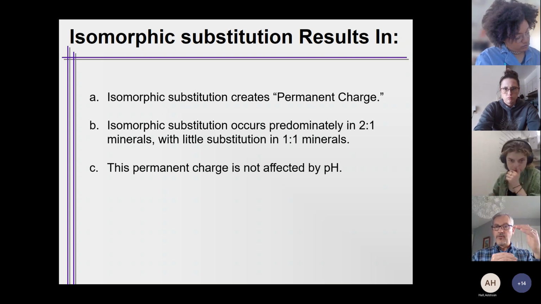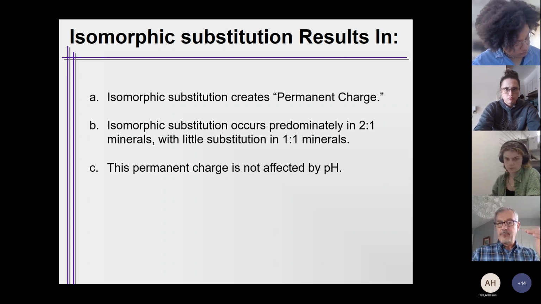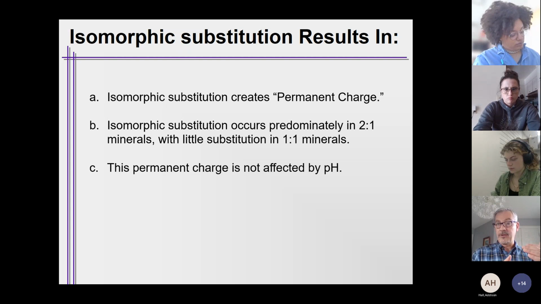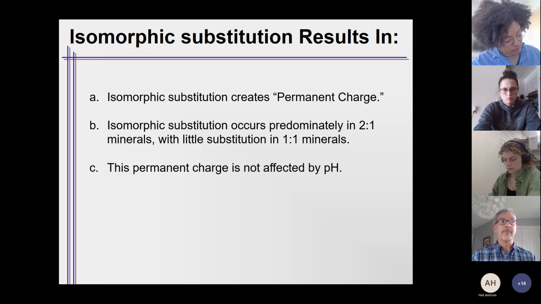When water moves into the interlayers in 2-to-1 type clays, it can carry positive charges into the interlayer that can interact with the tetrahedral sheets and the octahedral sheets to a greater extent than in 1-to-1 type clays that don't have the interlayer that expands and contracts. So isomorphic substitution predominantly occurs in 2-to-1 type clays. It does happen in 1-to-1 type clays, but predominantly in 2-to-1.